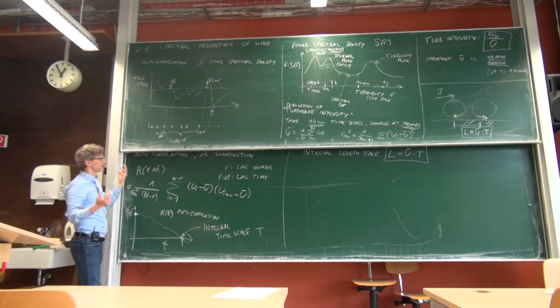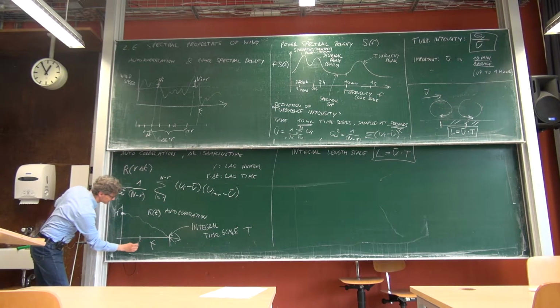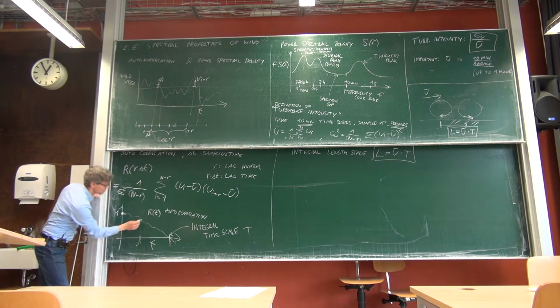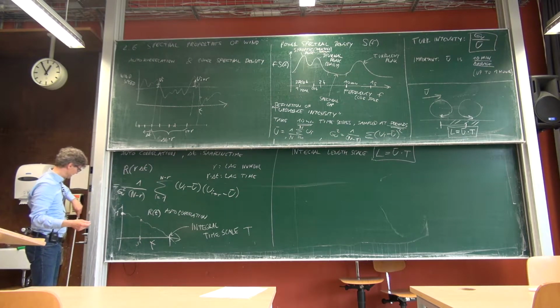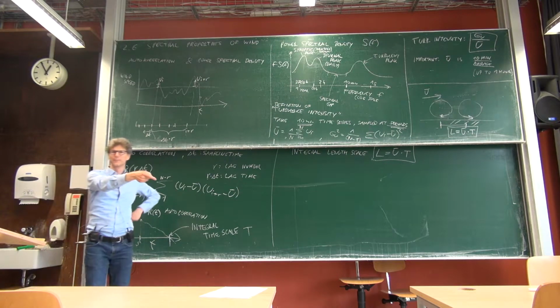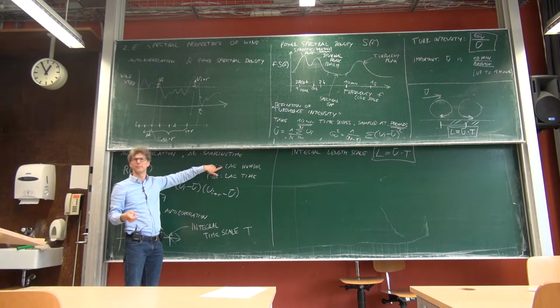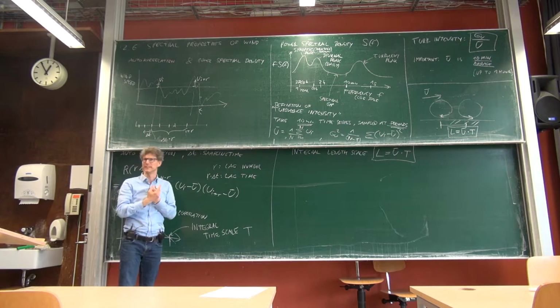If it's 5 seconds, for example, you have here a number that tells how the wind at 1 second is correlated with the wind 5 seconds later. That's why lag time is a bit more intuitive than lag number, because lag number just depends on your sampling rate.